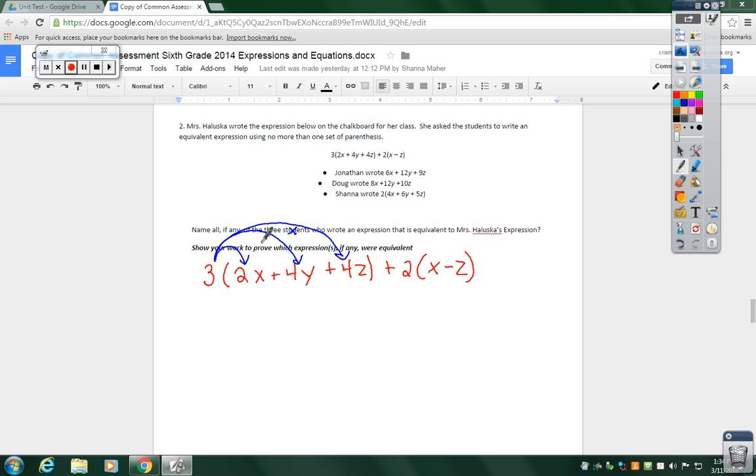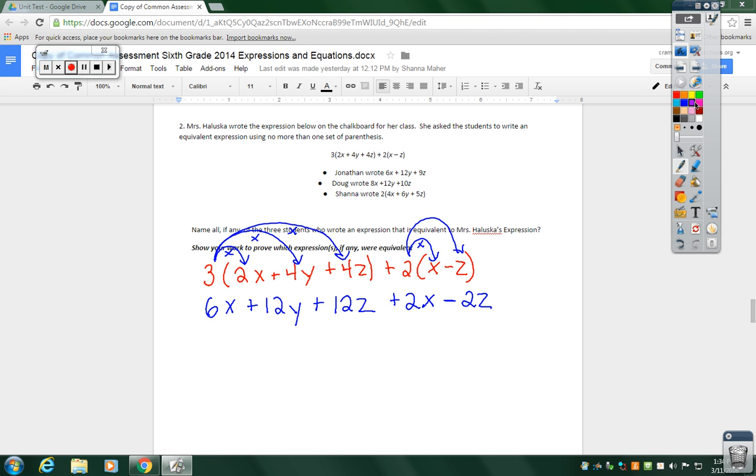And what am I distributing? Multiplication. Okay, so I have 6x plus 12y plus 12z's when I multiply that out. And then I have 2x's. I have a minus sign here, so I'm going to bring it down, and it's minus 2z.